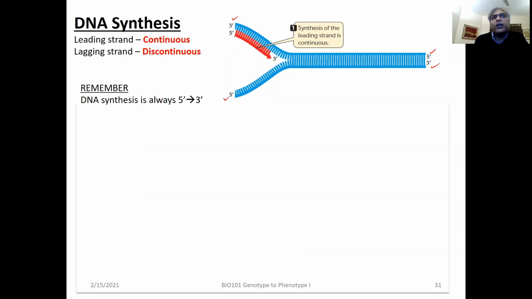If we are going to copy this one 5 to 3, and DNA is being zipped apart here at this point, this is the direction in which DNA is being zipped apart into two different strands like this. The question is, how can we synthesize here 5 to 3? It's not possible. We have to go in this direction.